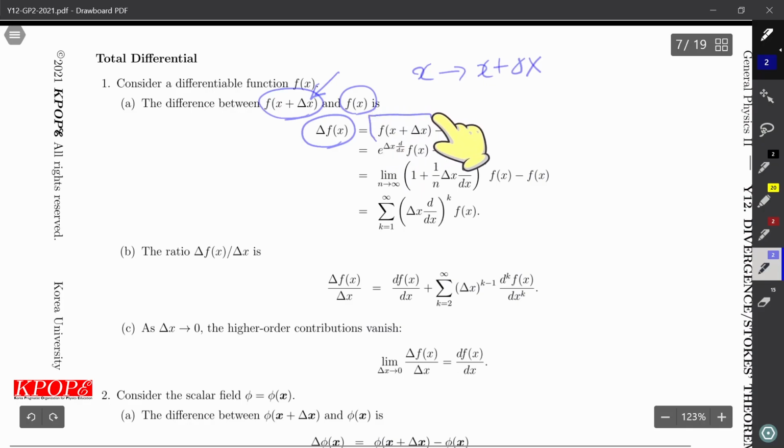This shift can be computed by making use of Taylor series expansion. We have seen Taylor series expansion is exponential delta x derivative of f of x. This exponential operator can be expressed as the limit n goes to infinity of 1 plus 1 over n delta x derivative, to the nth power.